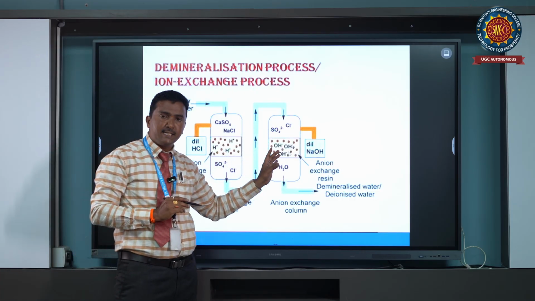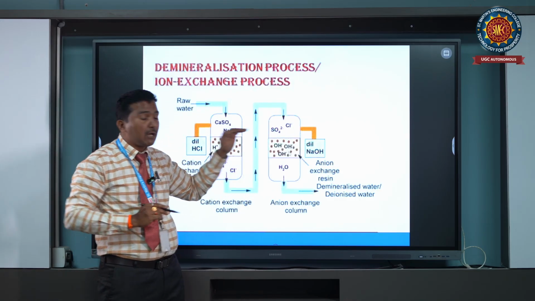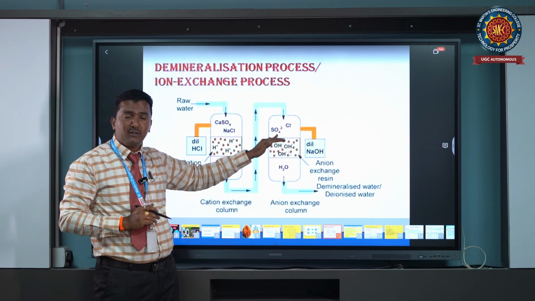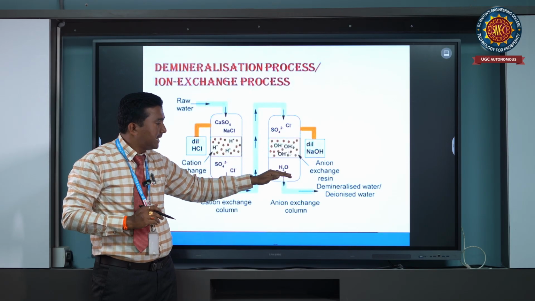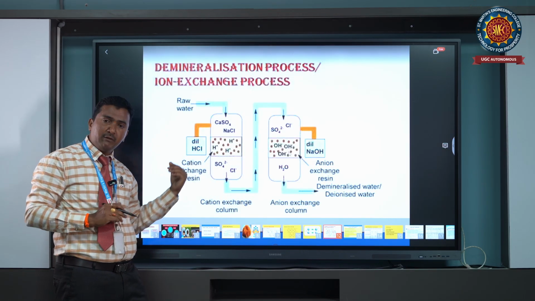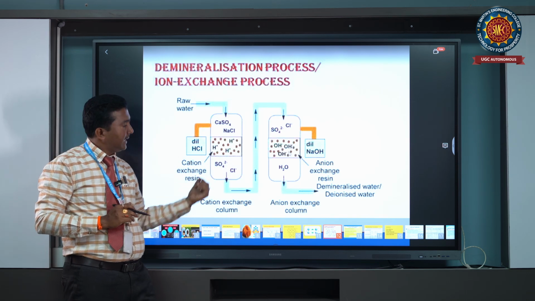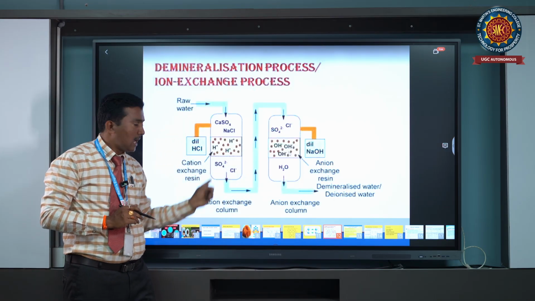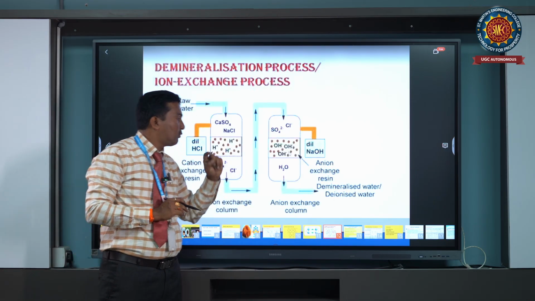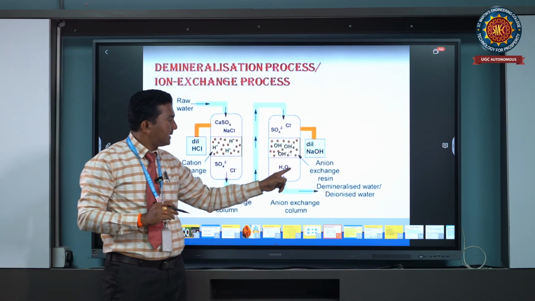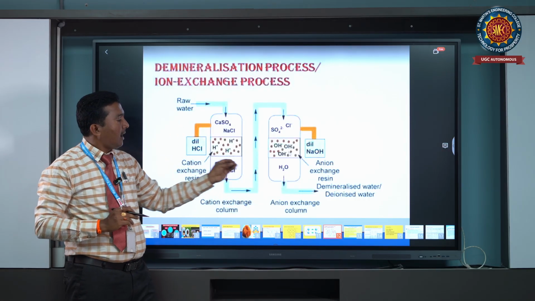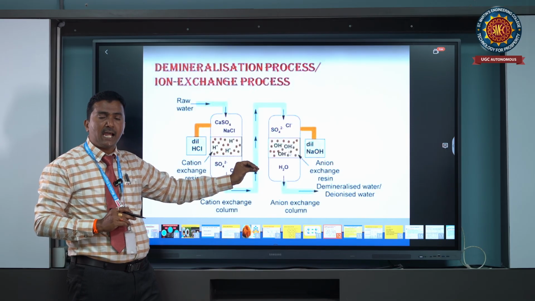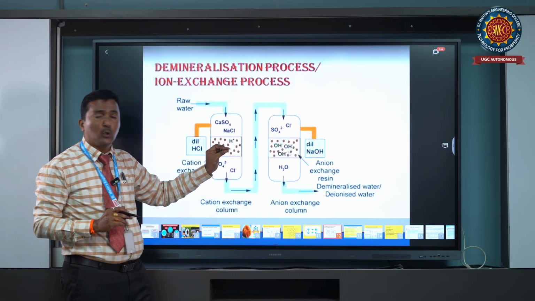In the anion exchange reagent, the anions are absorbed on the surface and it gives OH minus ions. Previously it gave H plus ions. In the second stage it gives OH minus ions, and the H plus and OH minus ions combine to form water. This water does not contain any hardness causing salts. This is also called the deionization process of impure water.